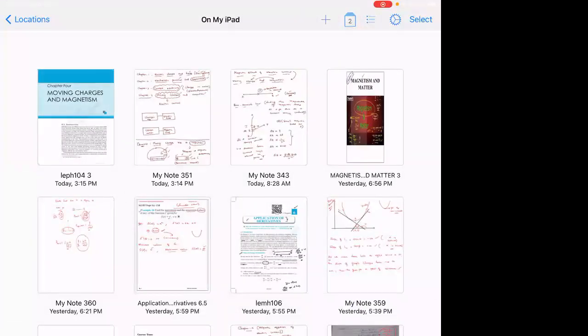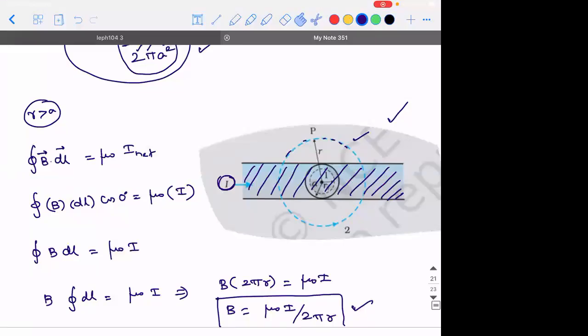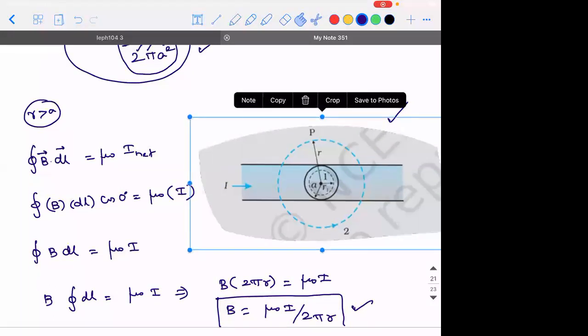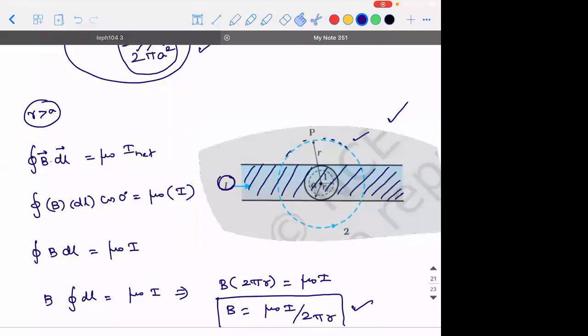Sir, in this example, in the second part, when R is greater than A, like how we did for R less than A, we can also calculate I value, no, sir? I will be equal to I dash by A square by R square. No, wait. I'm saying you need not calculate it. Can you tell me why I calculated inside?